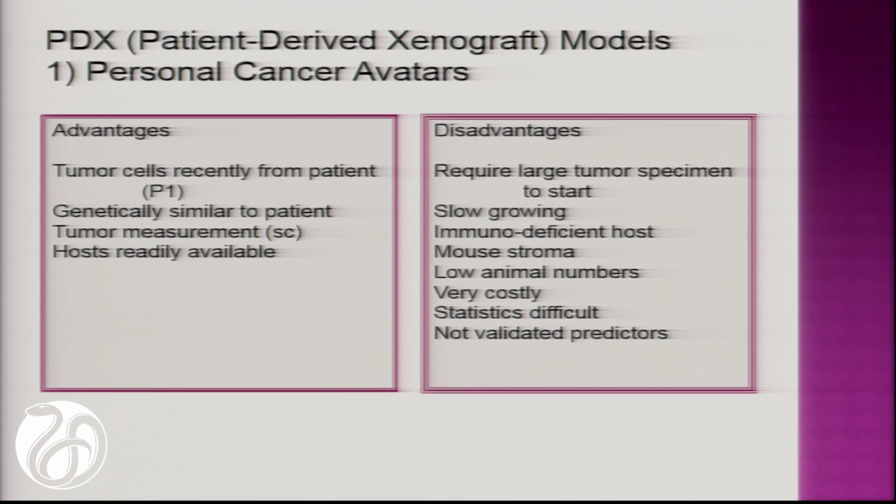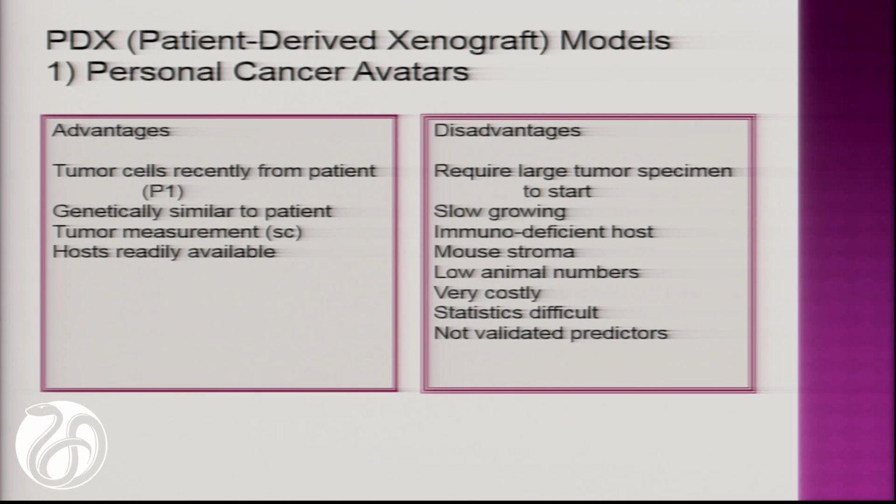So recently, because we've grown dissatisfied with the models that we've had in hand, there's been a great effort to do patient-derived xenograft models. The patient-derived xenograft models are taking a bit of a patient's tumor and implanting it directly into an immunodeficient mouse. And there are two ways to think about these models. The first I'm showing here is the personal cancer avatars.